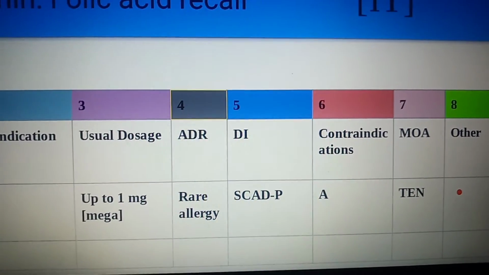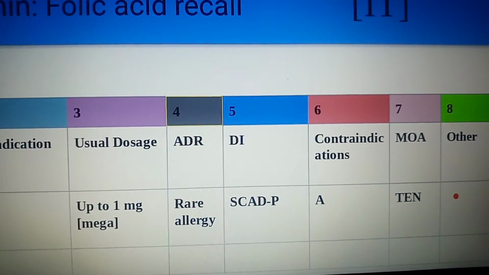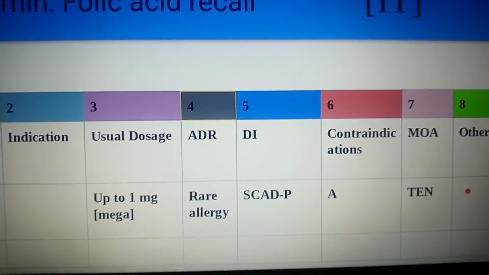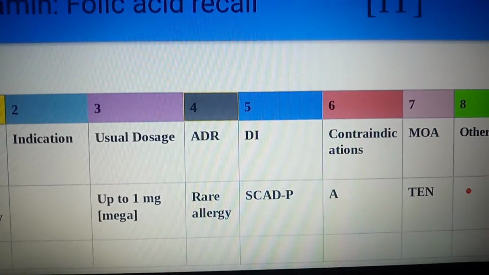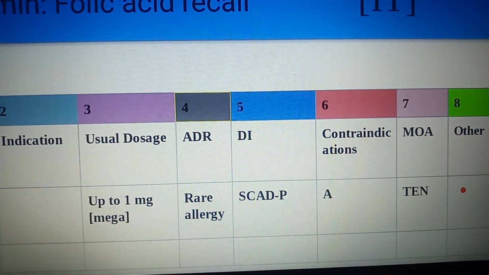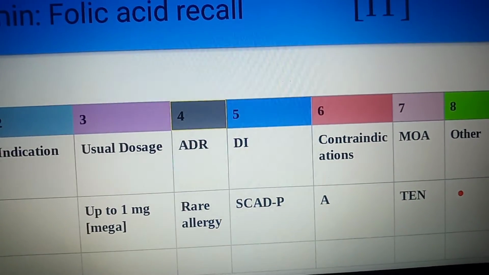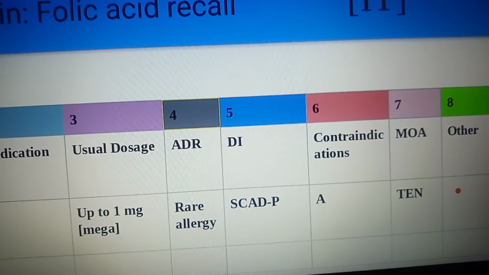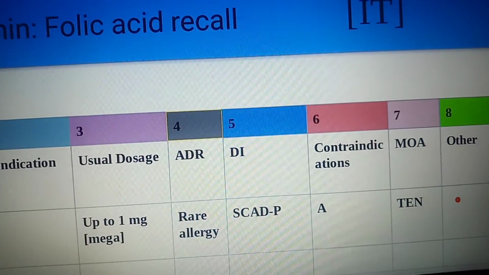Contraindications of vitamin B12 would be anaphylactic shock, which is a reason why you should give the first dose at a clinic. L, Leber's disease, and then A, if a patient has severe megaloblastic anemia, they should not be given vitamin B12, as it would lead to induced hypokalemia.